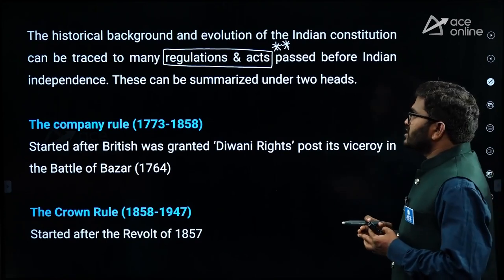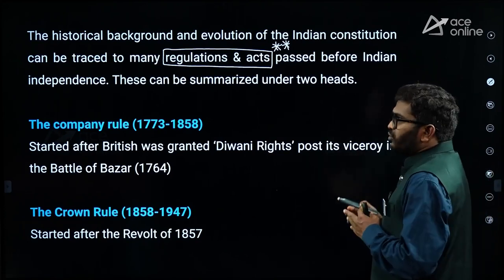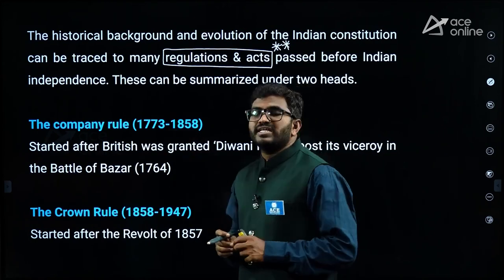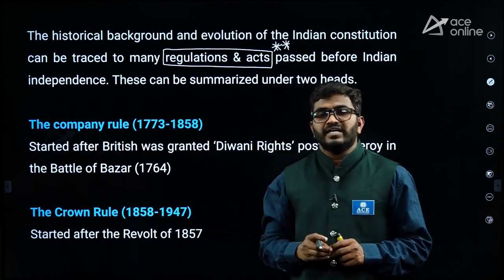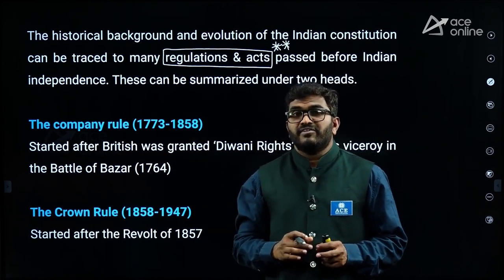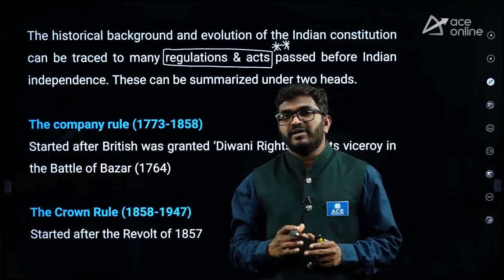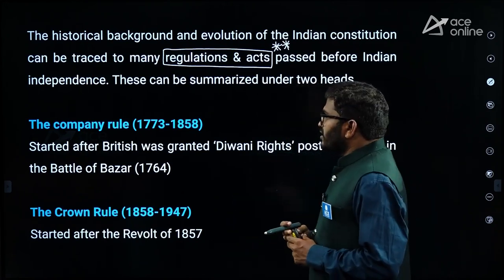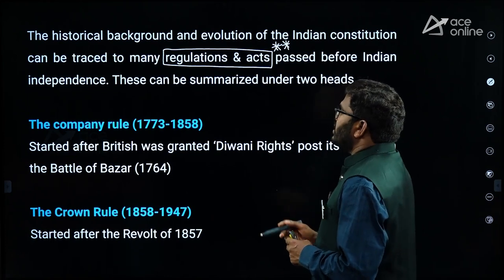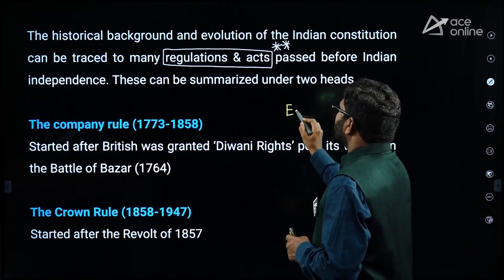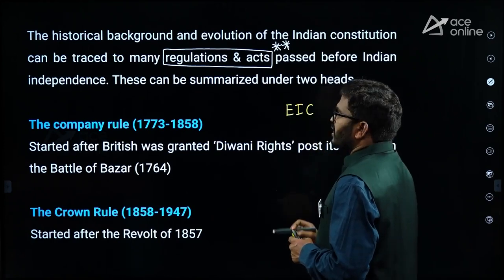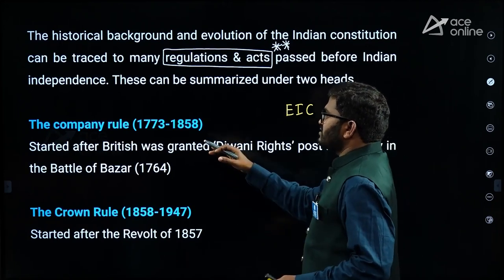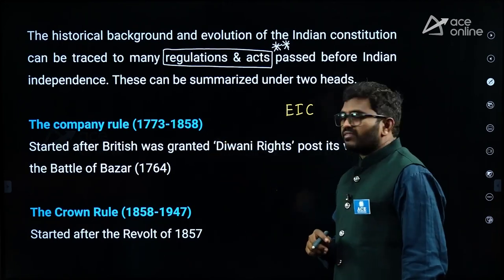This can be summarized into two heads. One is company rule. Company here is the East India Company. The British entered India in the form of trade with a company called the East India Company, EIC. The company rule is from 1773 to 1858.